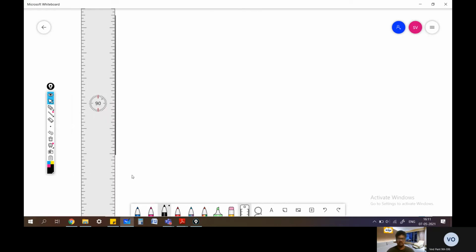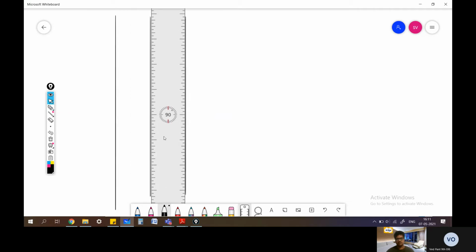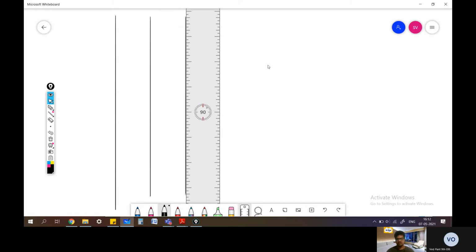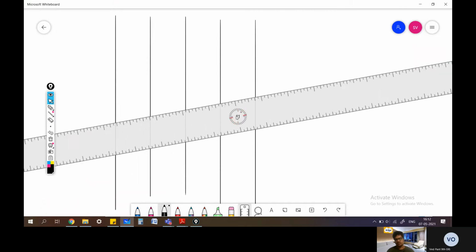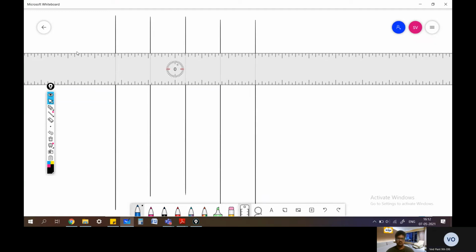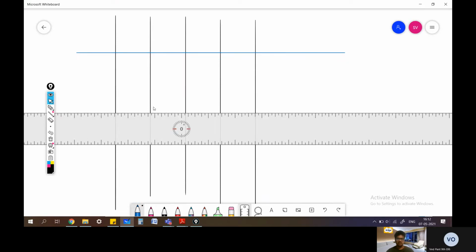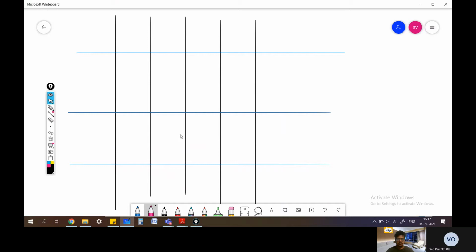Based on the trigonometry itself, the sine function moves from here to here, then here to here.